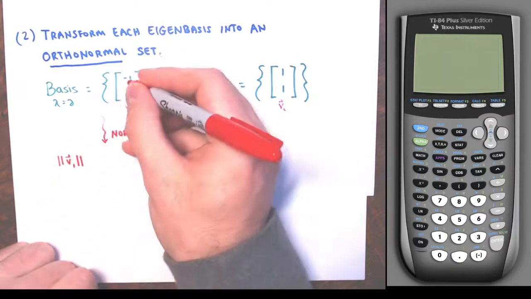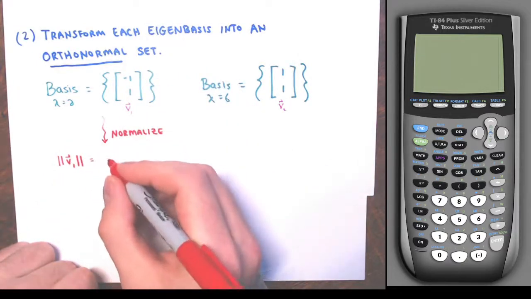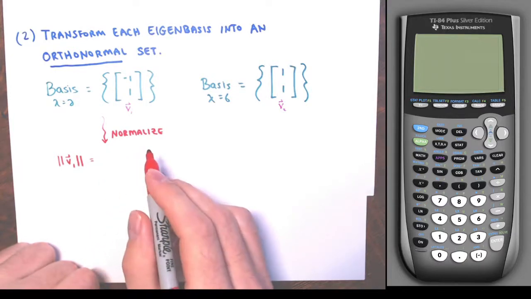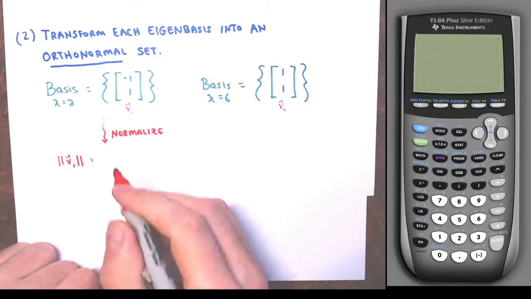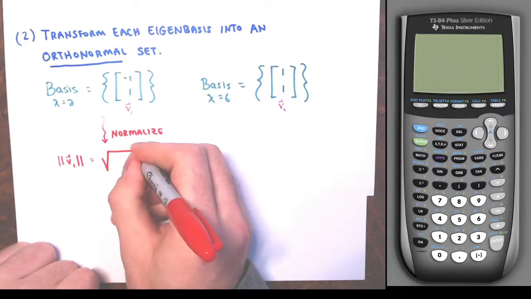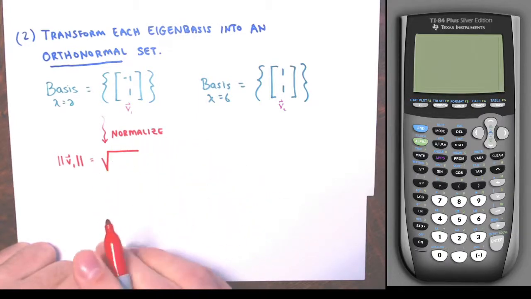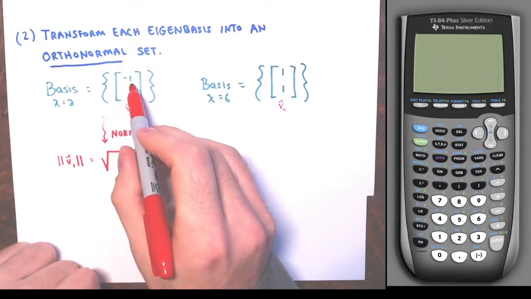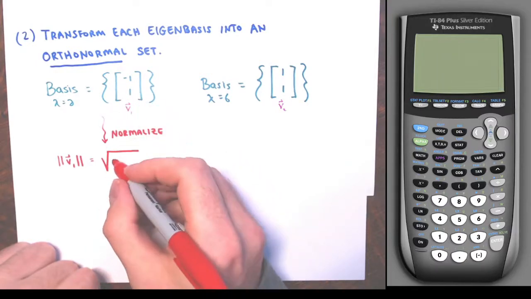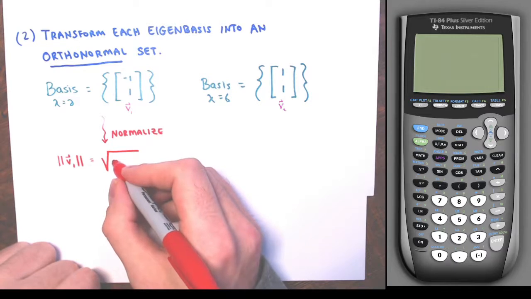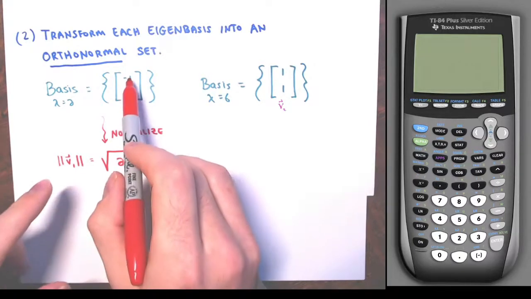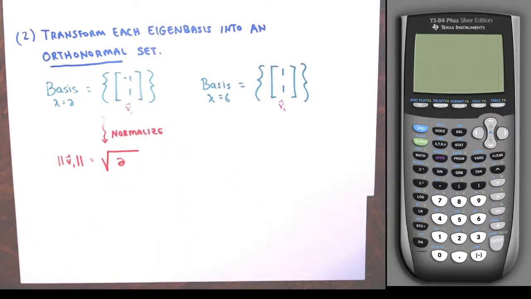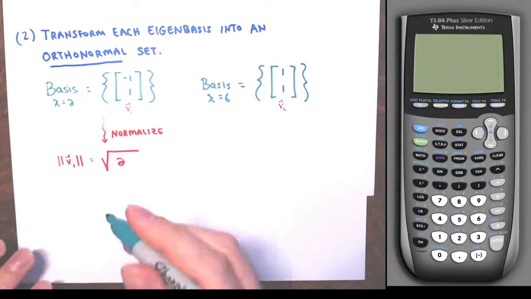What's the norm of this vector negative 1, 1? Remember, the norm is the square root of the inner product of the vector with itself. The inner product here is the dot product. The dot product of negative 1, 1 with itself would be negative 1 squared, 1, plus 1 squared, 1, that's 2. Square root of 2. So I just need to divide each of these components by the square root of 2.